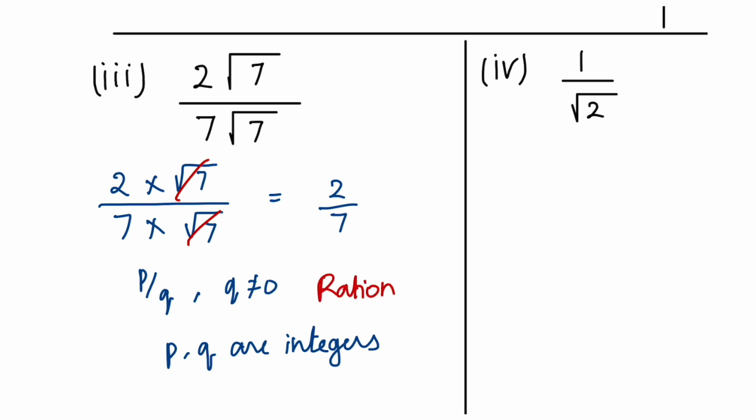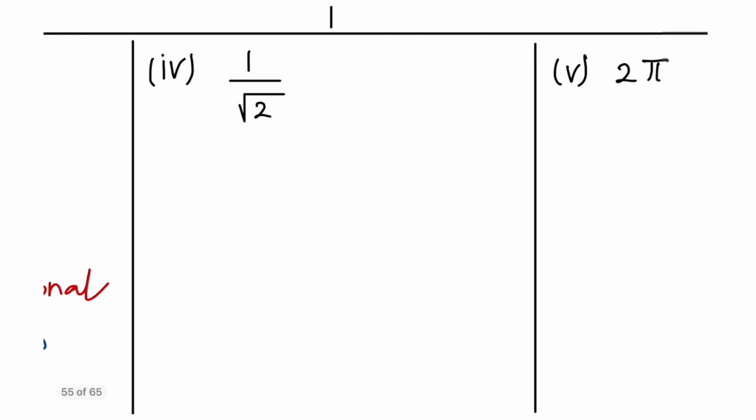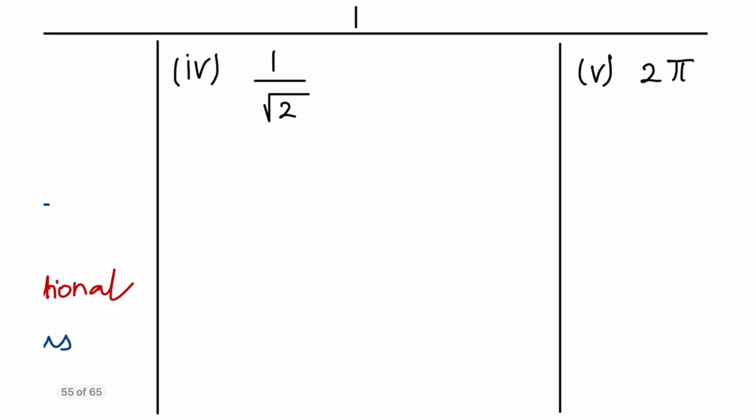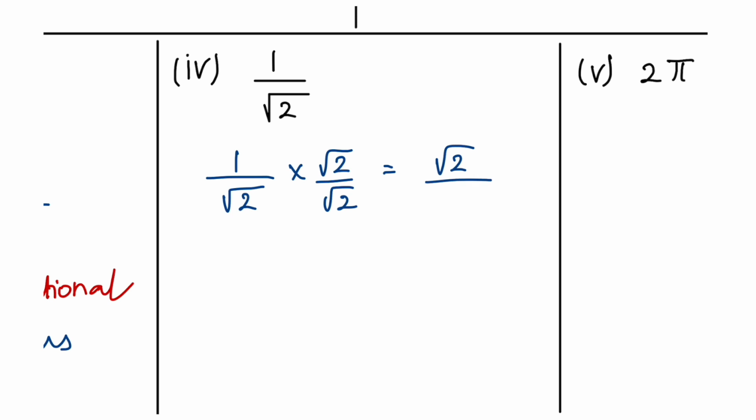Okay, now moving on to the fourth subdivision of this question, it is 1 divided by root 2. Now what you can do is try to rationalize the denominator first. Okay, so what do I mean by that? We have a particular section on that later in this exercise, but for now we are just going to write this number again, and we are going to multiply this with root 2 and root 2 in the numerator and denominator, and that gives you root 2 divided by 2.